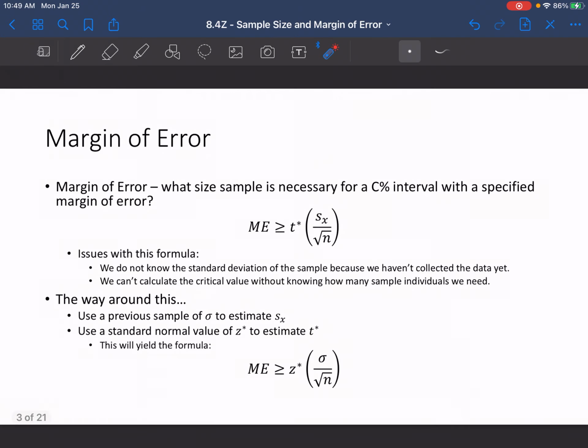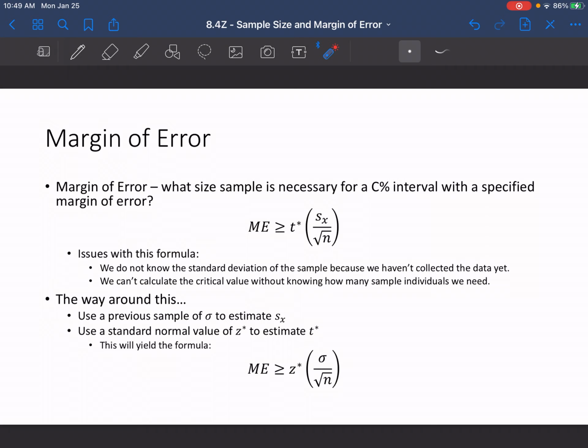So we know that margin of error is essentially what size sample is necessary for a confidence interval with a specified margin of error. We would use this formula, which is the formula we used in the last lesson. However, there are some issues with this formula.